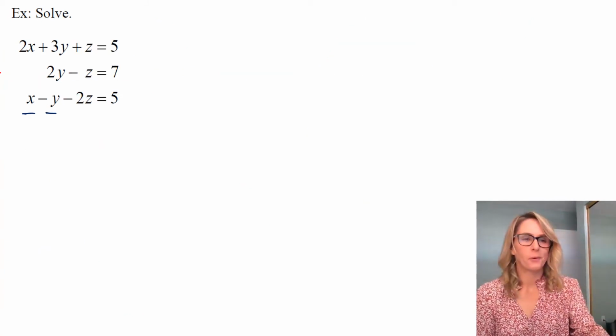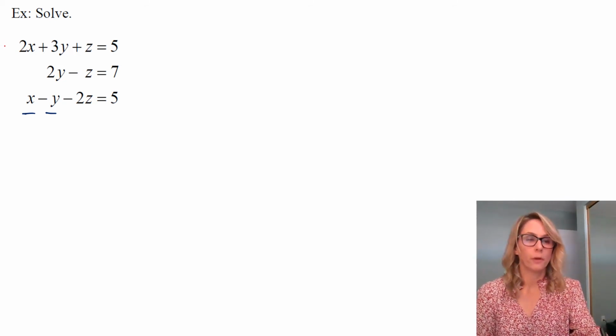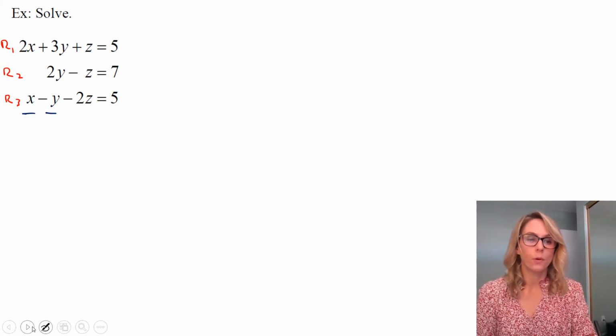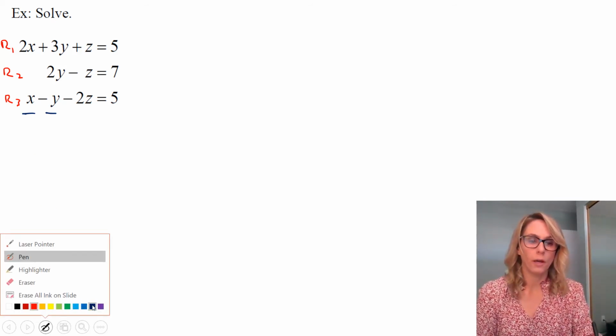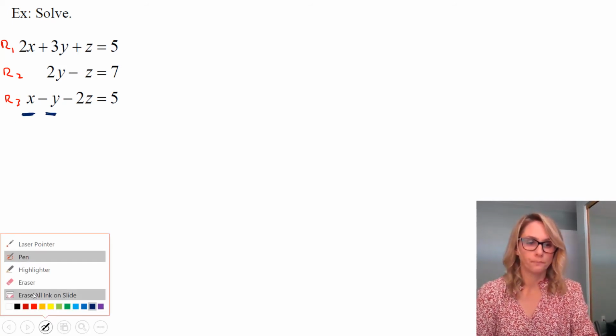So we have another example here. This is 3 equations, but only 2 of them have 3 variables. One of them already only has 2 variables, so let's see what happens there, but that does help us. It means that our focus here is just on eliminating this x and this minus y. So that's what we want to do.